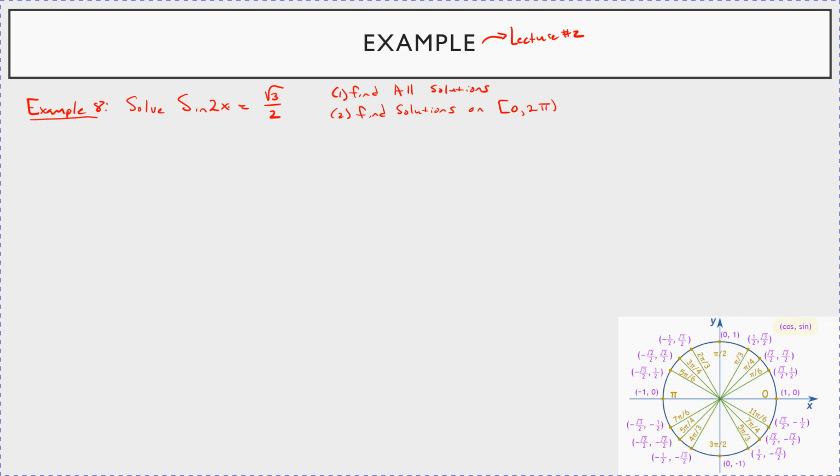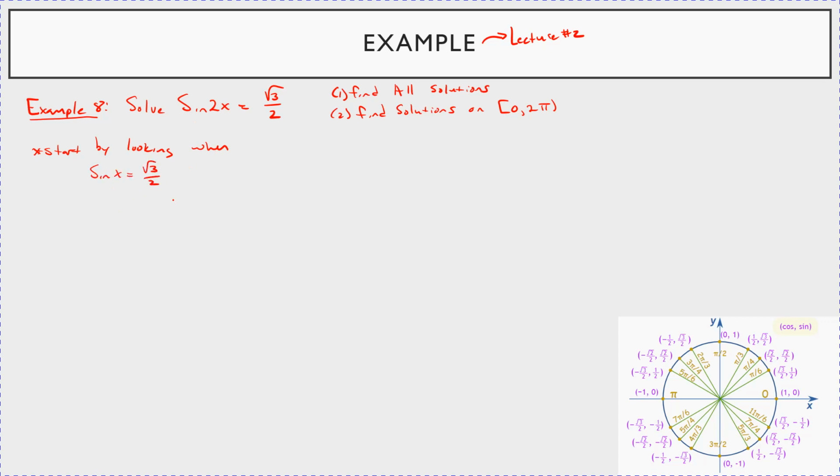The first thing to notice is this 2 in here changes the period of the sine function. Our period is no longer 2 pi, it's 2 pi divided by b, so our period is pi here. The procedure is the following. You start by looking at when sine of x is equal to the square root of 3 over 2.